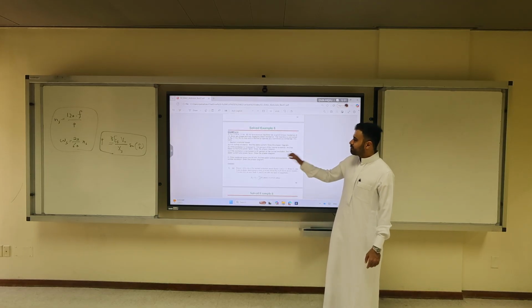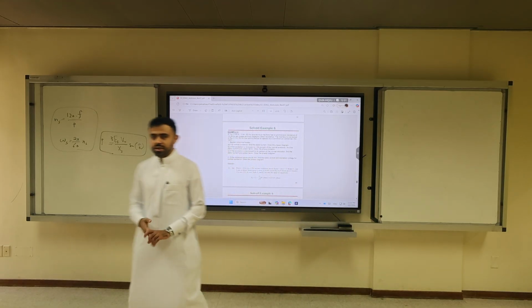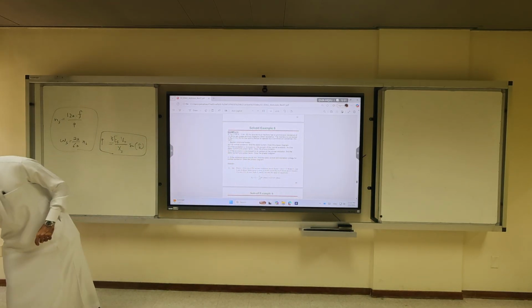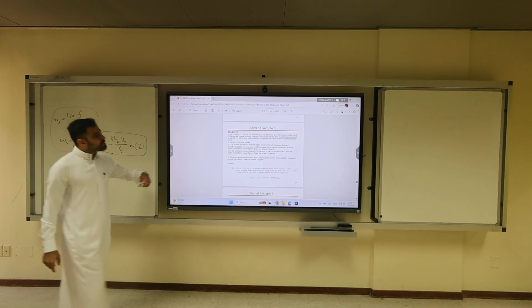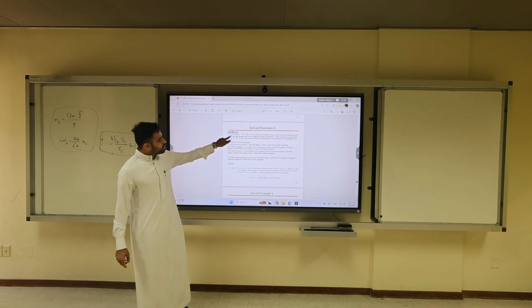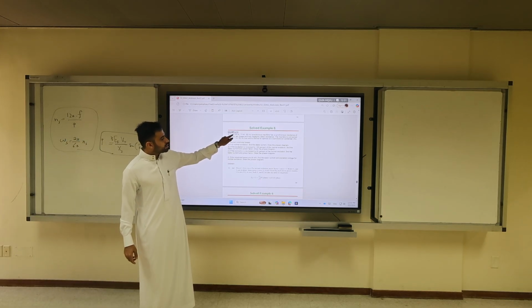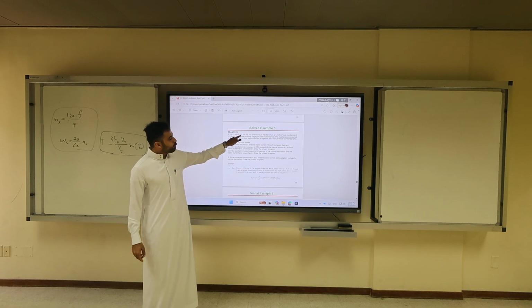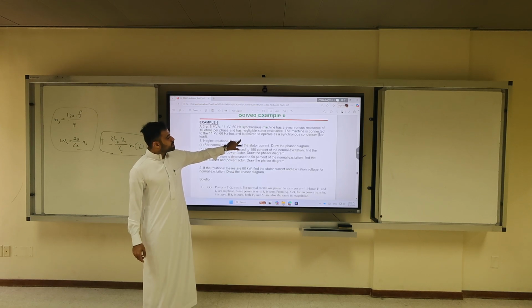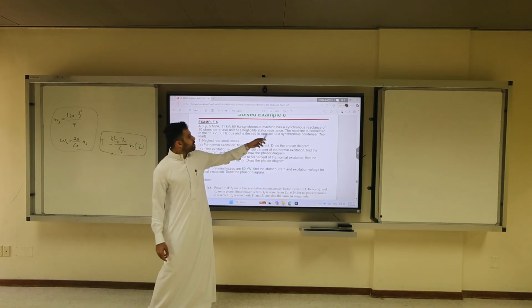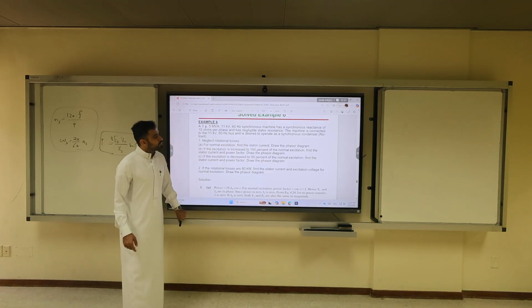And last time we solved this part A, correct? We did not solve part B. So to solve this part A, let me repeat the problem again. A 3-phase 5 MVA, this is the rated apparent power, 11 kilovolts, that's line to line, 60 hertz synchronous machine with 10 ohms reactance per phase.